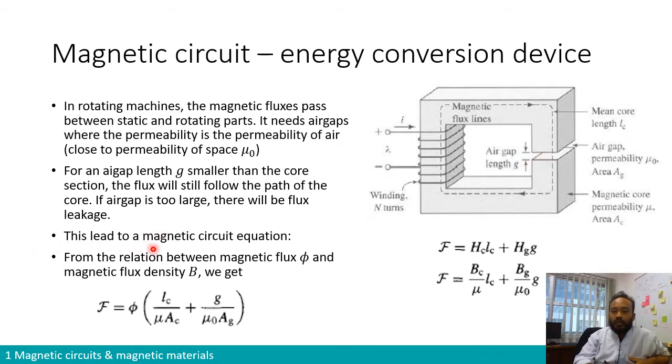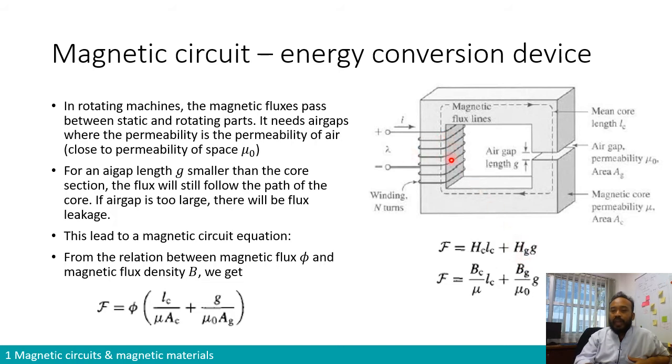So if we look at this, what we had was only the magnetomotive force F equal to HcLc, but now knowing that we have an air gap, we will add another term of Hg multiplied by g, right?